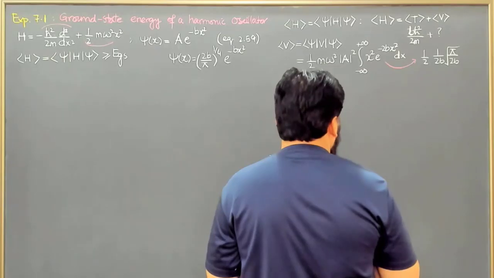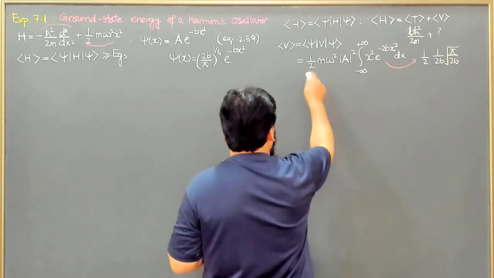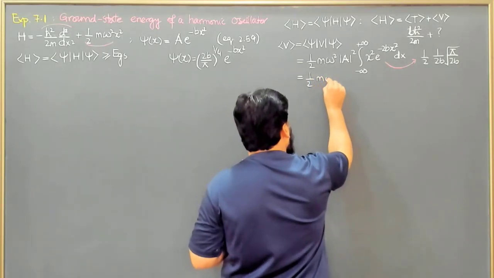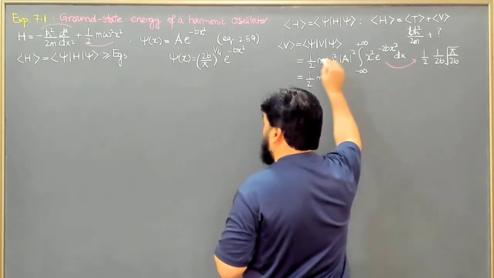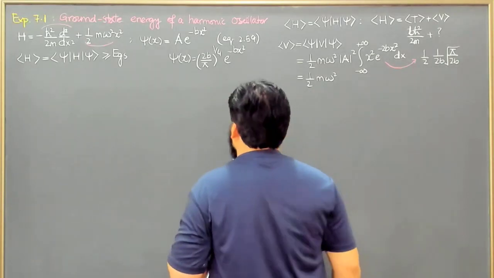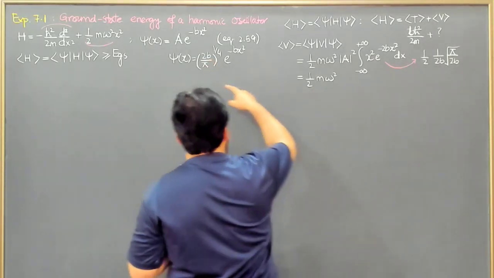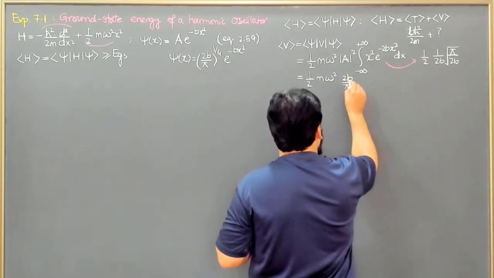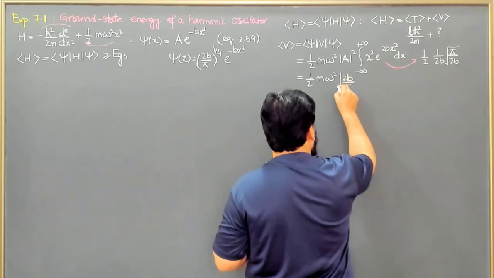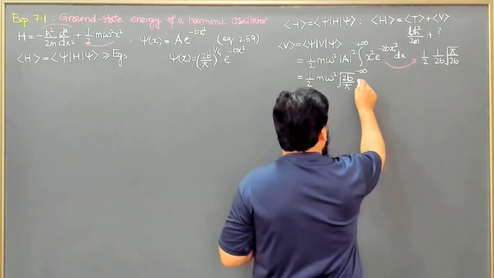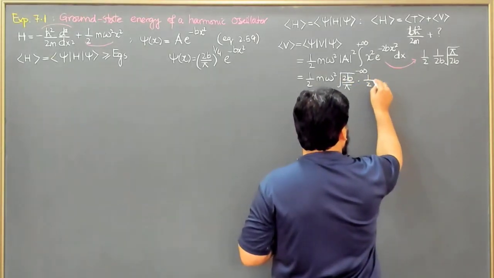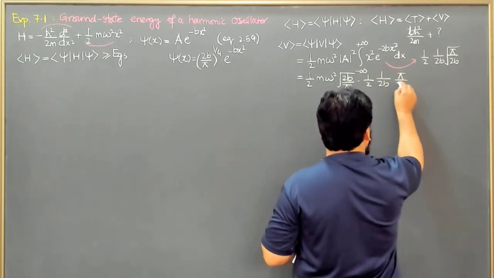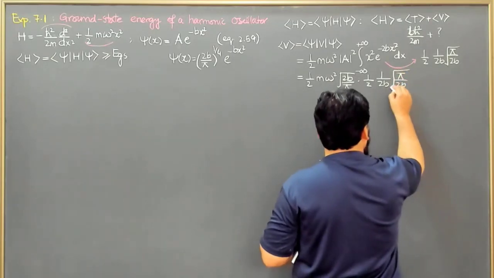So we have this equal to this, and v comes out to be half m ω², and then what about A squared? A squared will come out to be √(2b over π), and this is 1 over 4, so it will come out to be 1 over 2, and then half, 1 over 2b and π over 2b here.